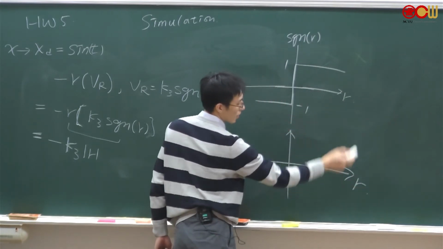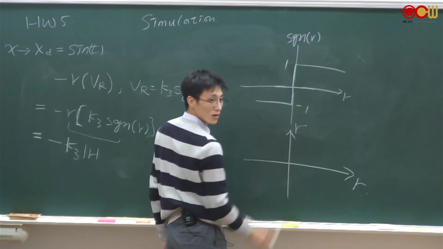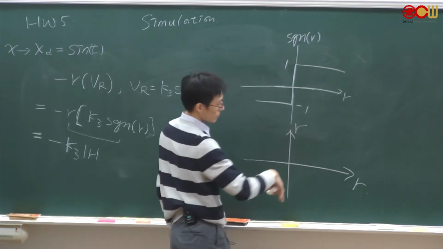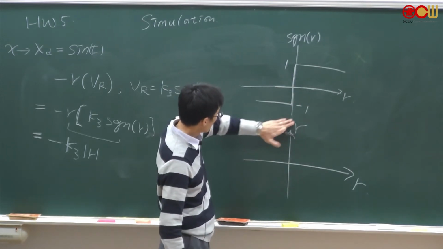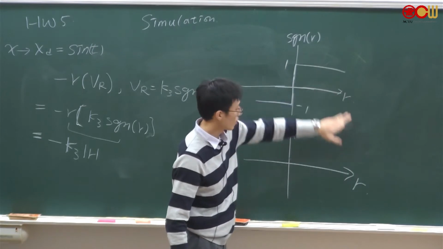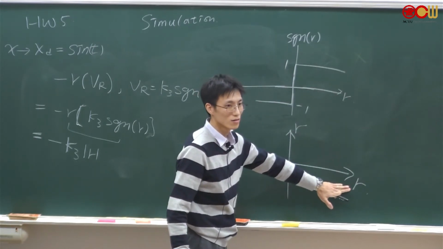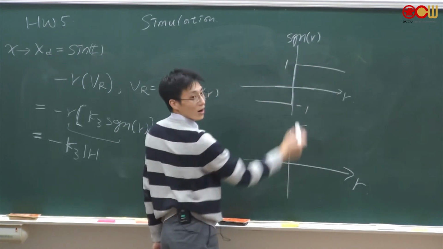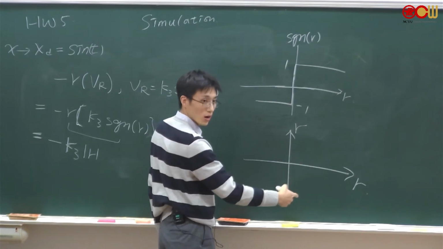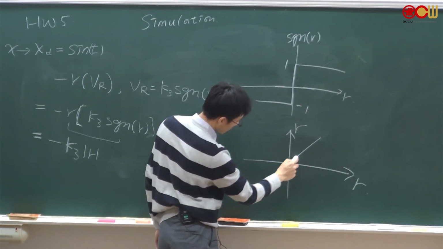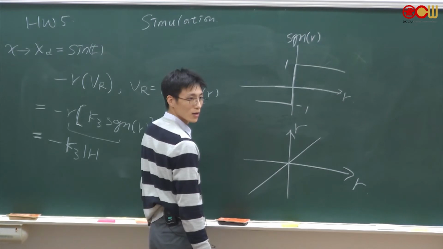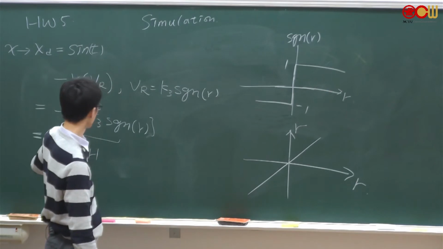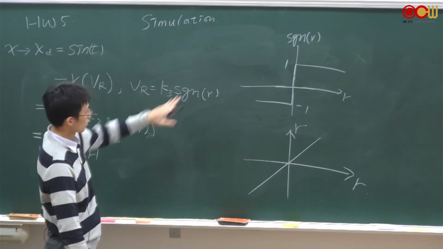I put two different plots, 1 and 2, with the x-axis as R. You can put anything on the x-axis; the y-axis is R and sign R. And what's this plot? 1, 1, right? Any questions? Take the product because you want R times sign R. Okay? You take the product.